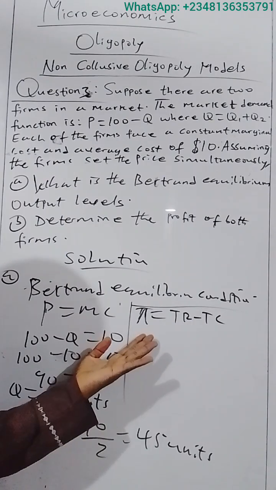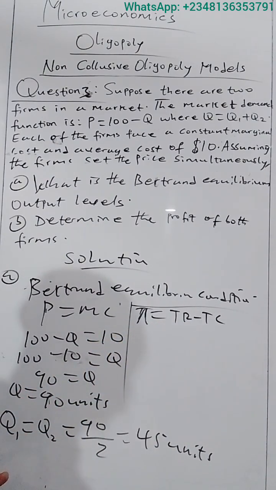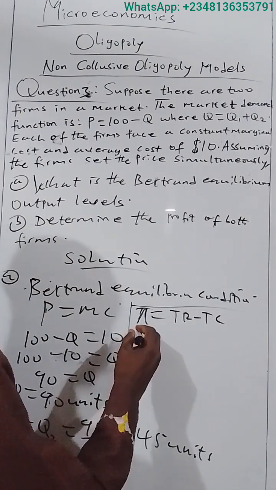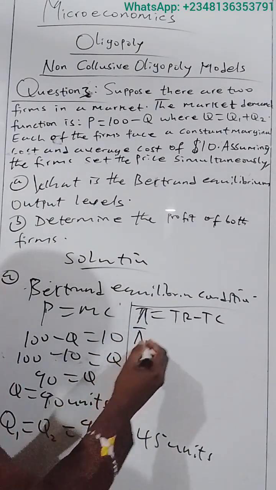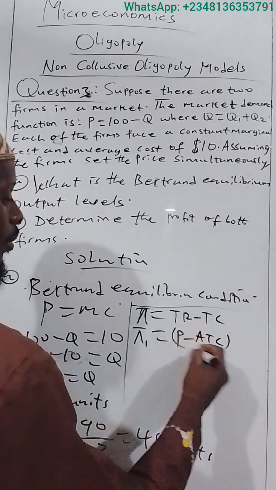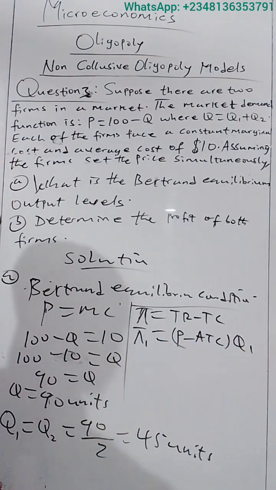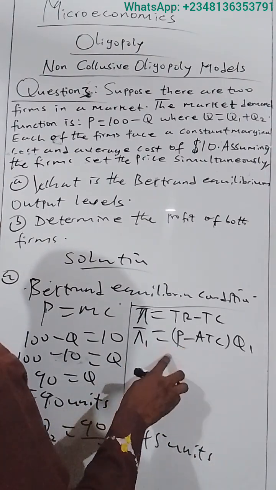Either I find the total profit in the market and divide by 2 so that we know the profit that goes to each of the firms, or I calculate the profit of each firm directly by simply applying this approach: the profit of firm 1 equals P minus ATC multiplied by the output of firm 1.